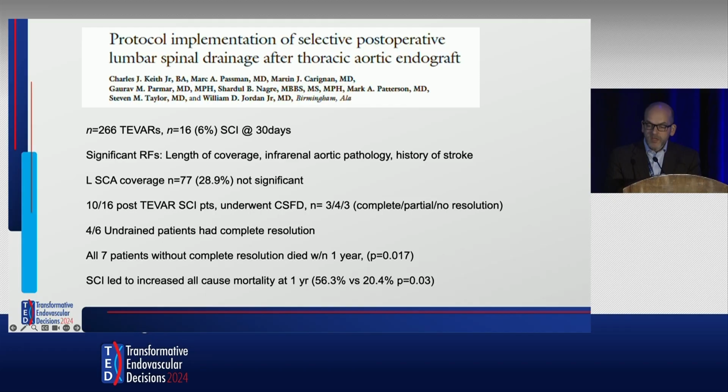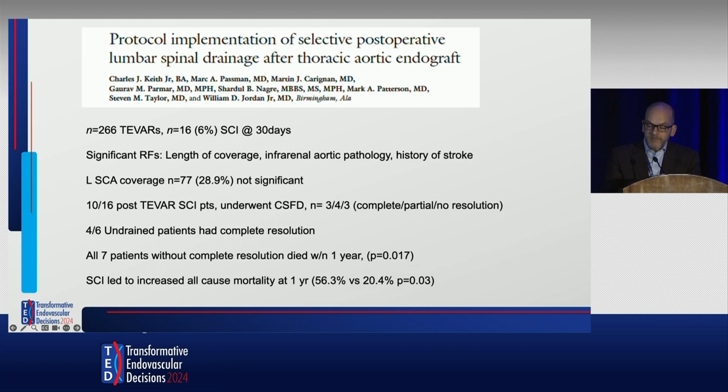So if you start to look at what people have started to realize with thoracic repair, and I'll get into a VQI study that shows the trend of drainage with endovascular repair as well, there was a more common drainage practice in endovascular cases over time, and then people began to develop selective practices. And this is a paper from Will Jordan at Birmingham that developed selective practice of spinal drainage.